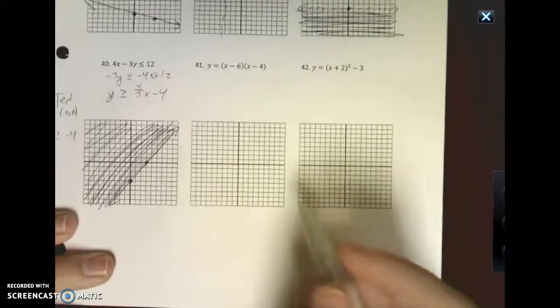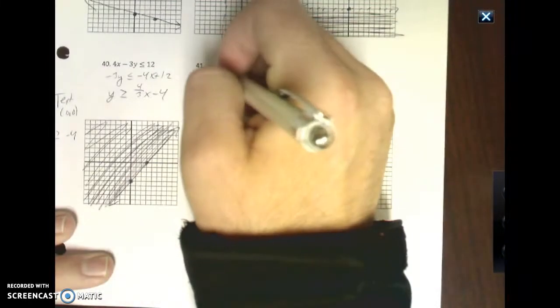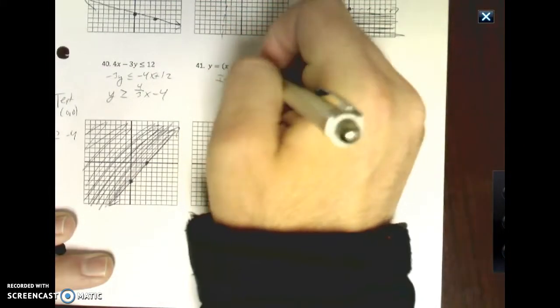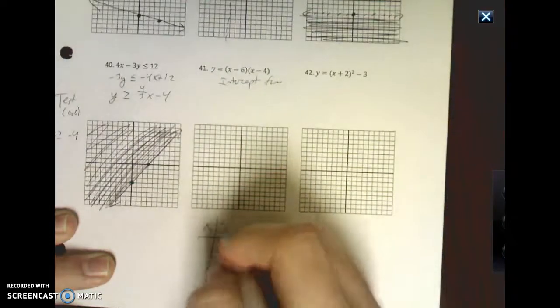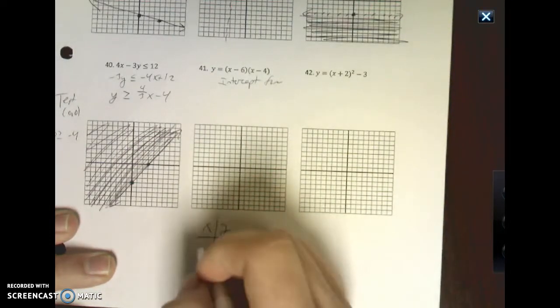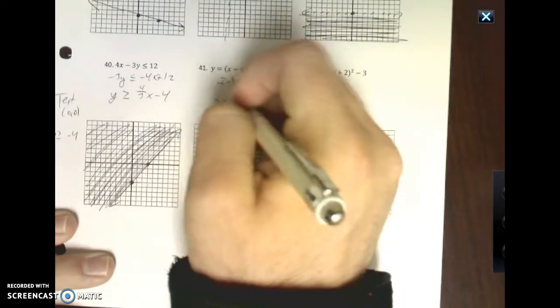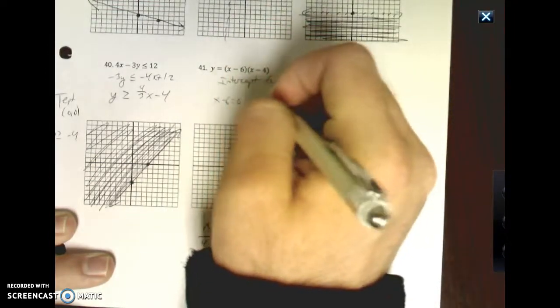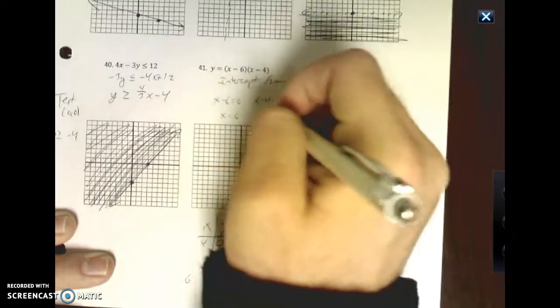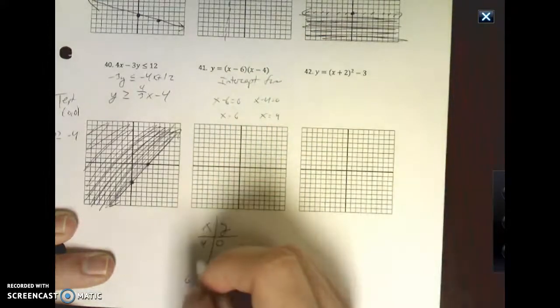Okay, 41. This is in intercept form. So if I make my XY chart, it's 6, 0 and 4, 0. How do I know that? You set each of these equal to 0. Okay, and then what's the point in the middle? 5.